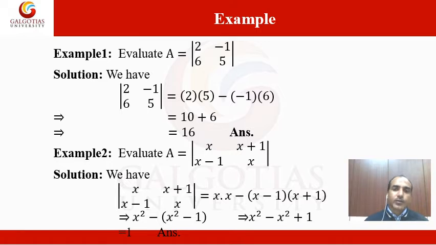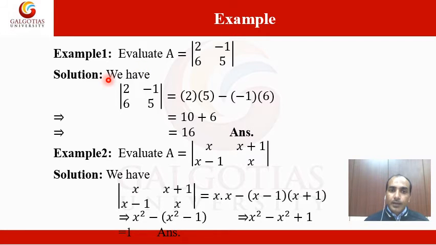Now let us discuss some examples. Example 1: evaluate A equal to the determinant of 2, minus 1, 6, 5. This is the determinant, not the matrix.